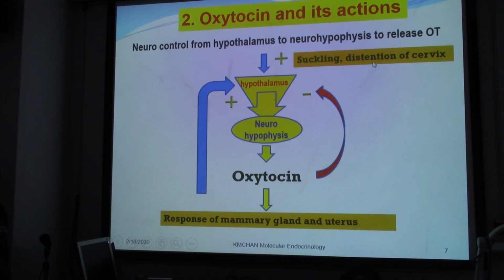And this would bring about the distension of the cervix, which together with suckling would stimulate this hormone. And then more of this action from the mammary gland and the uterus will stimulate the release of oxytocin. But of course, at a very high level of oxytocin, the inhibition loop would go back to inhibit the release of oxytocin.